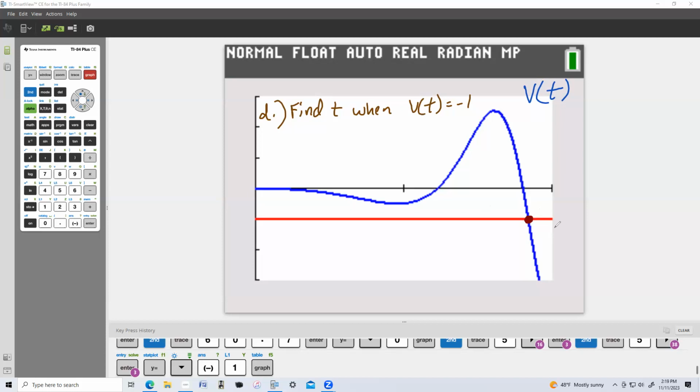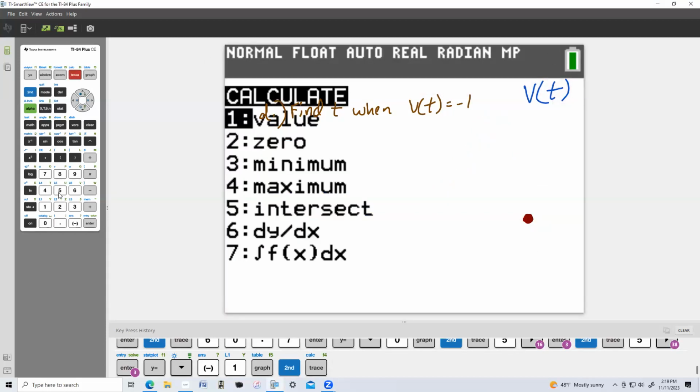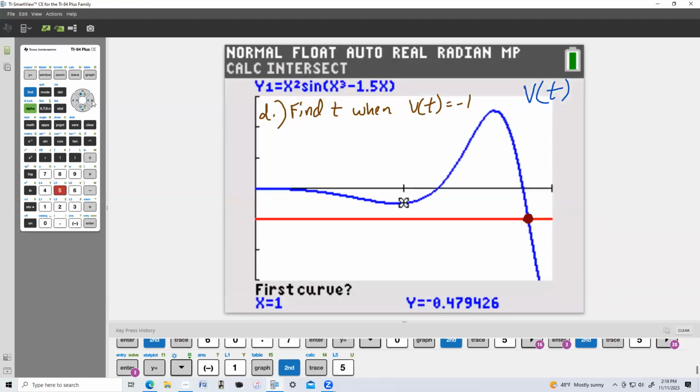So how do we find what time this corresponds to? Well, we have to use the intersection feature and figure out what time that is. So again, this is second, trace, intersect, which is 5. Hit the right cursor to move your blinker way to the intersection when the velocity, the red line, is -1.